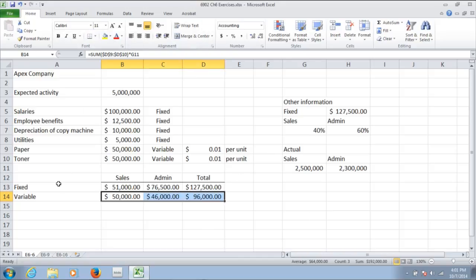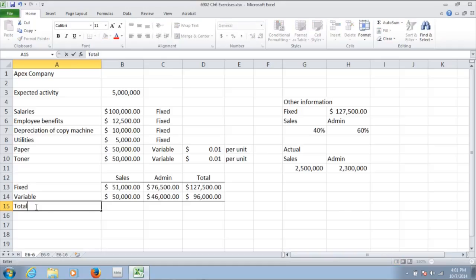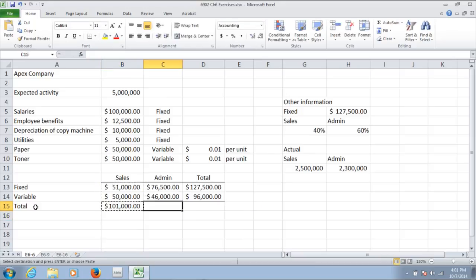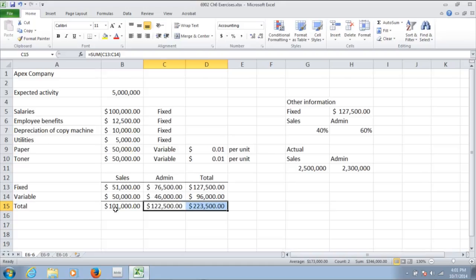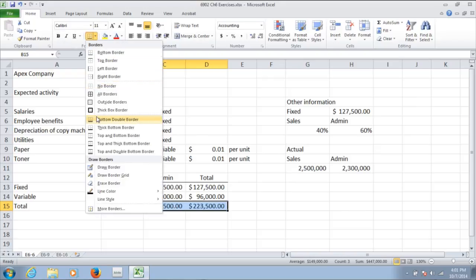So then for the total for each department, we merely sum these two up, and we see that we have 101,000 in sales, and then for admin it will be 122,500.